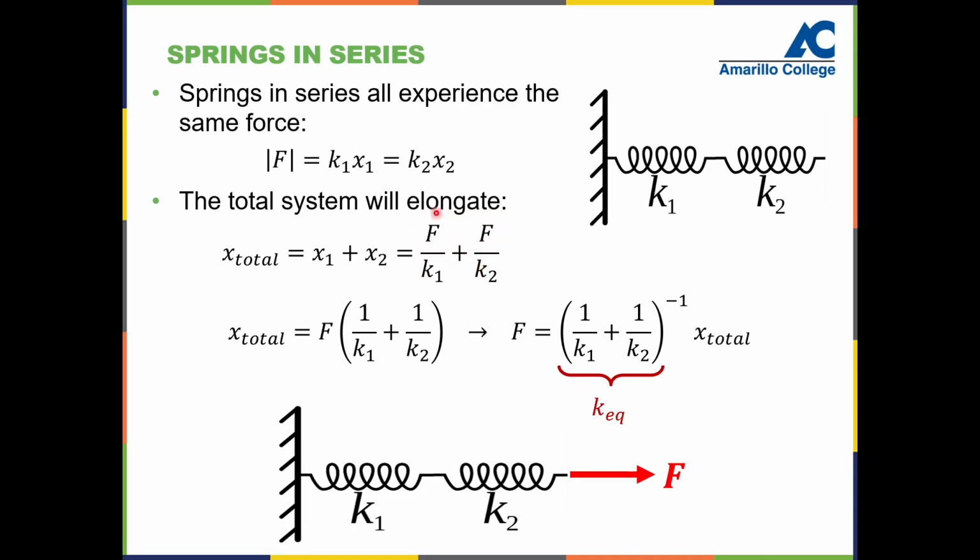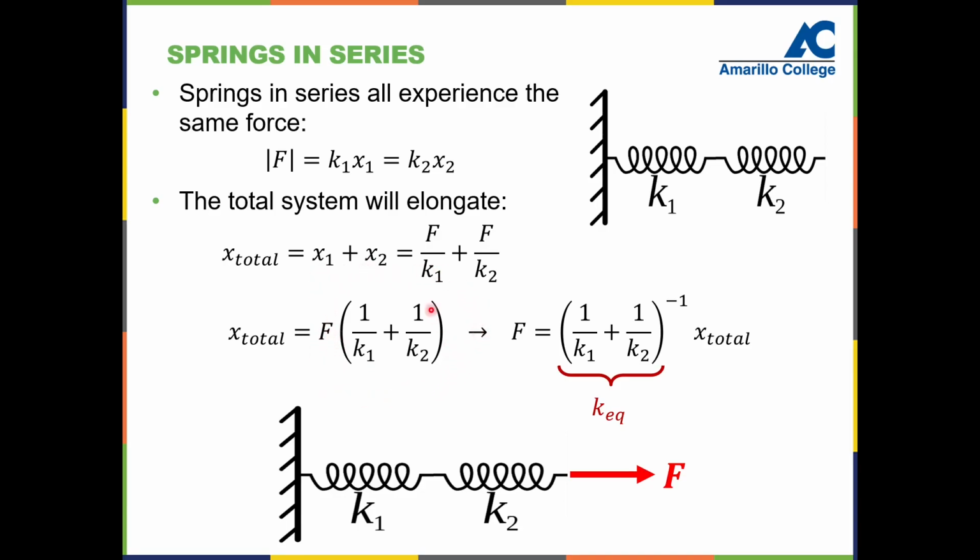In this case, I have F in both of these terms, so I can say my total elongation is F, which I factor out, times 1 over K1 plus 1 over K2. If I wanted to get this back into standard Hooke's law form, which is F equals Kx, I have to divide both sides by this term.